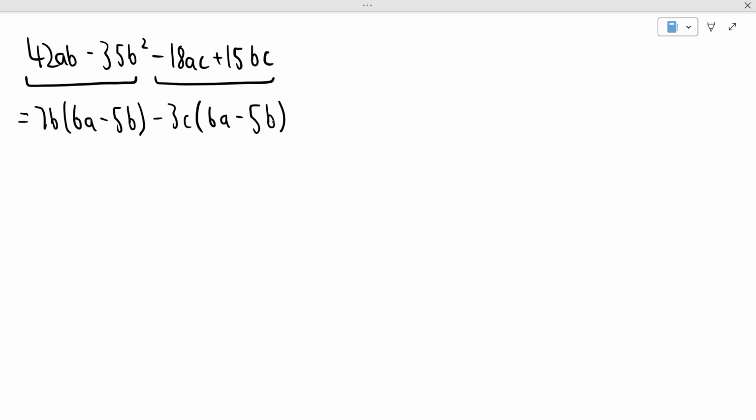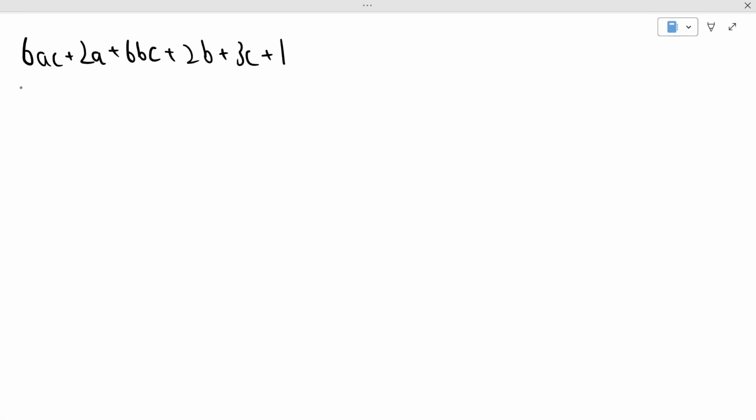So now if we look at our partially factored expression, we can see that both terms have a 6a minus 5b in common, which we'll take out from each term. So if we take out the 6a minus 5b from our first term, we're left with a 7b. And if we factor out the 6a minus 5b from our second term, we'll get a negative 3c. And this is our final factored expression.